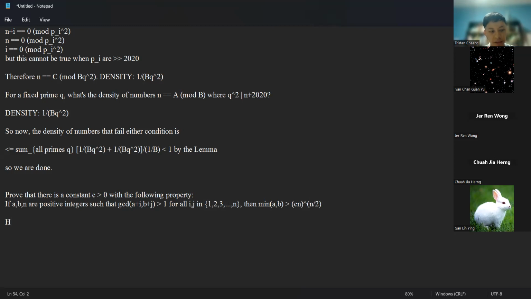So I'll give a few hints here. First of all, you look at the grid, you look at the matrix. Construct a grid where the ijth entry is GCD of A plus I and B plus J. Okay.